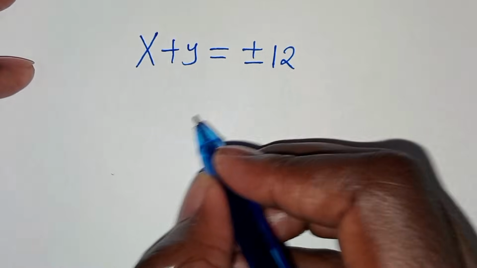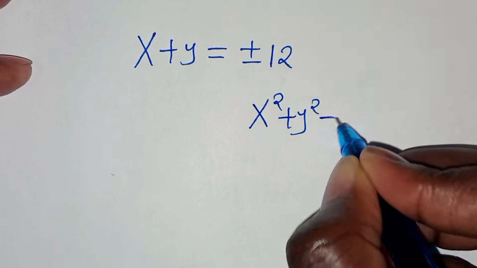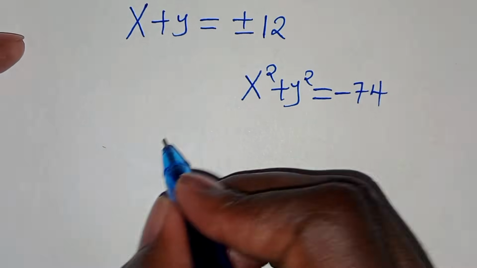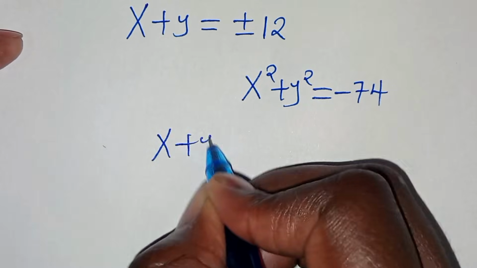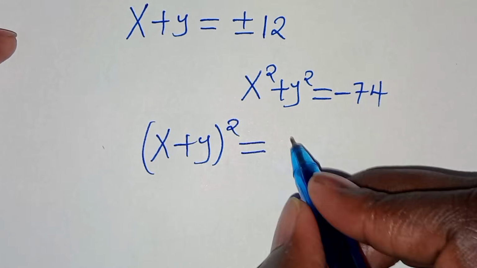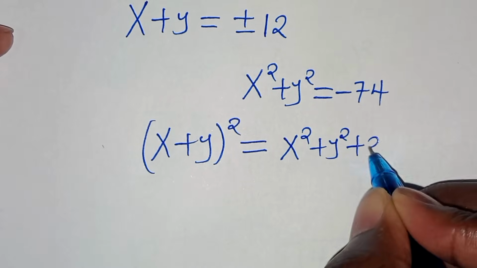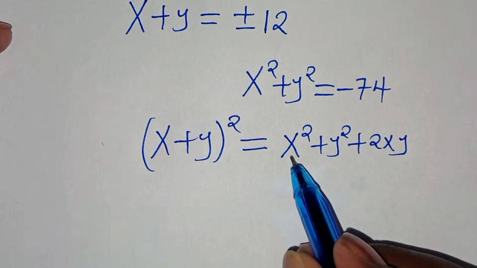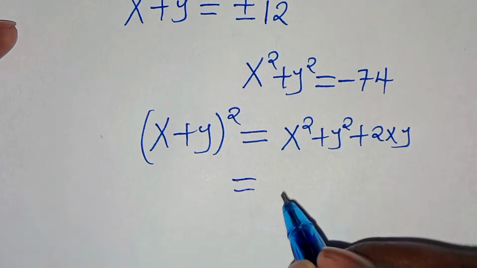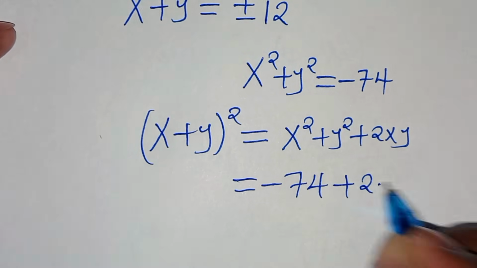Now, again, we have x squared plus y squared equal to minus 74. So this means that x plus y raised to the power of 2 is equal to x squared plus y squared, then plus 2xy. We have x squared plus y squared, this is minus 74. So here we have minus 74 plus 2 times xy.